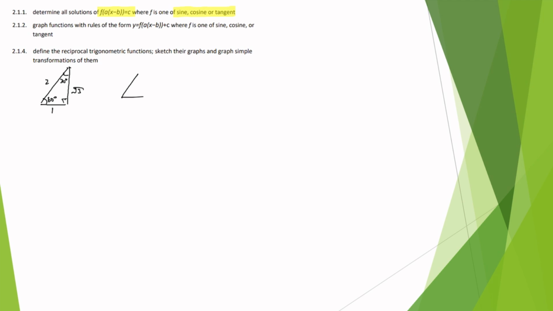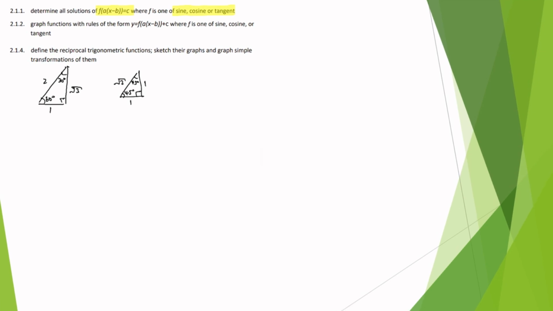Now the other one is an isosceles triangle, where this is 45 degrees, that's your right angle, and root 2. And because the sides are equal, the base angles are equal. So these are the 2 God triangles that help us remember 30 degrees, 45 degrees, 60 degrees, 90 degrees, 0 degrees, etc.